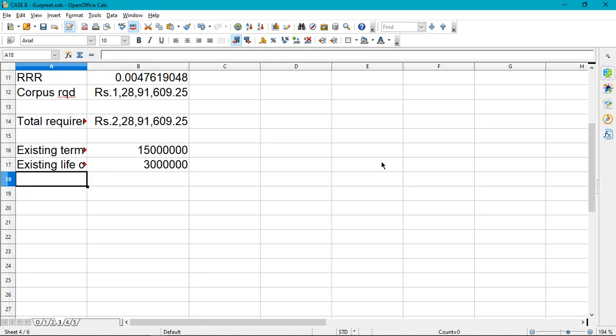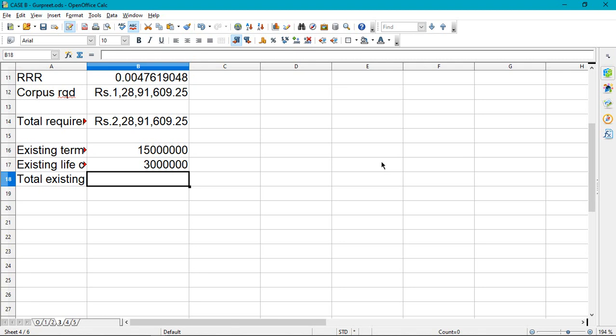So total existing cover. Now I am writing all this to give you an understanding of how to solve it, but in the exam you don't need to waste time by writing all of this. Use your codes and formulas however you understand, because the worksheet doesn't matter, the answer does matter. That's the only thing that matters.